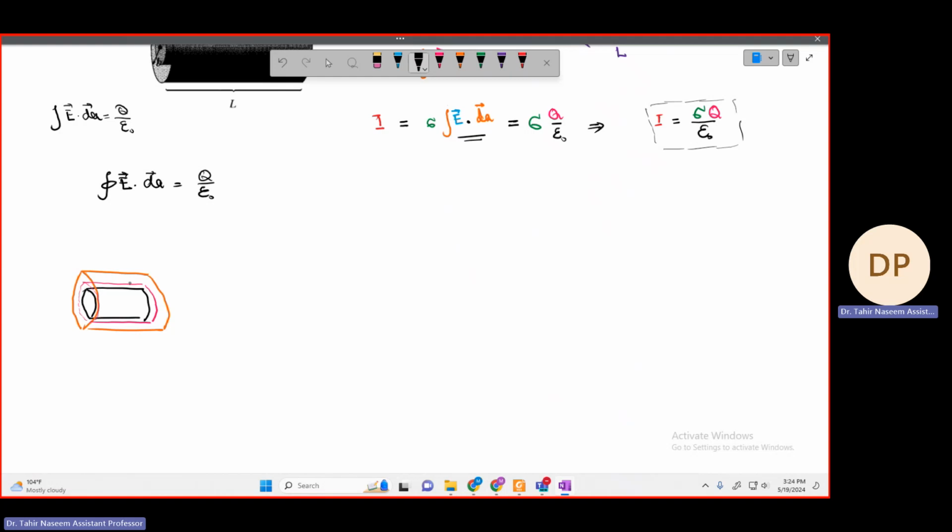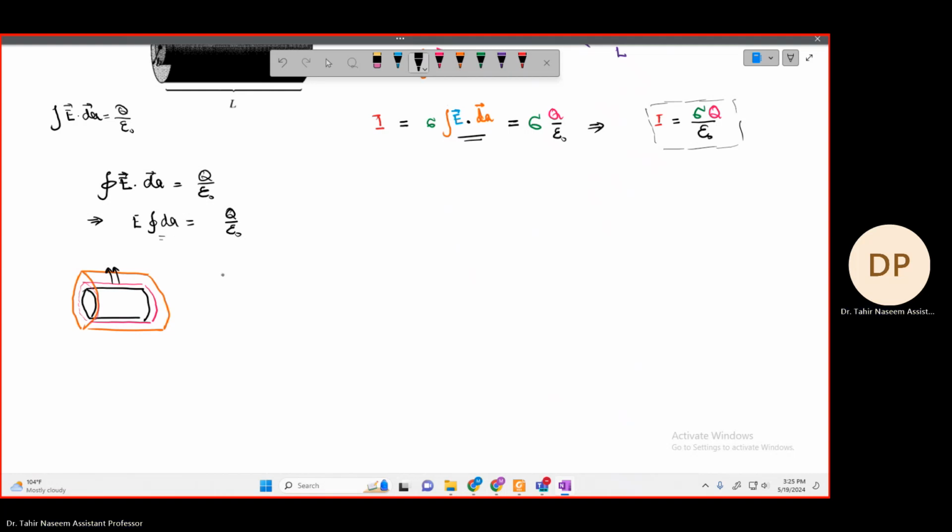We know in this case E and the direction of the area elements are the same, like this. Then I can take E out. If you are confused, you can see your lecture notes on Gauss's law. Then I can write Q over epsilon. And what is the surface area for a cylinder?